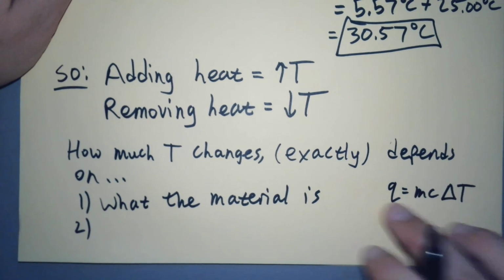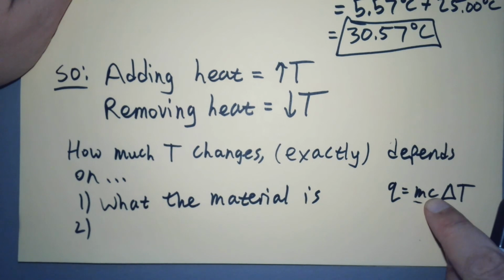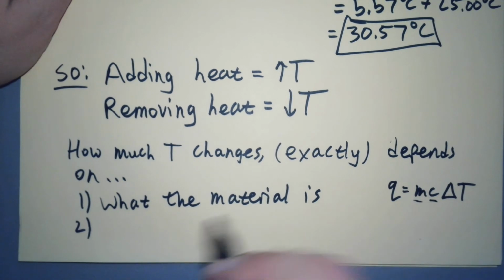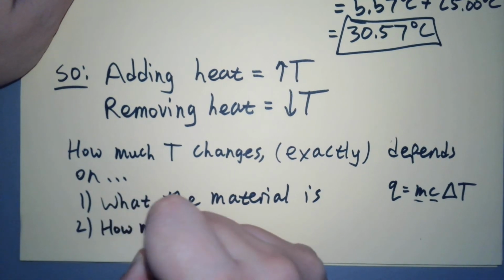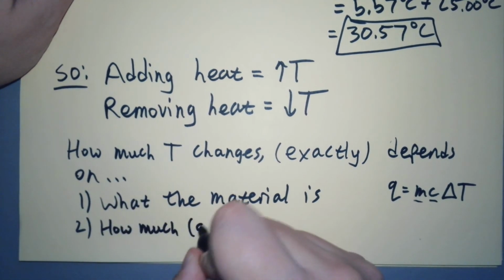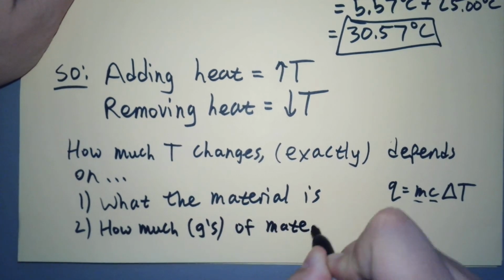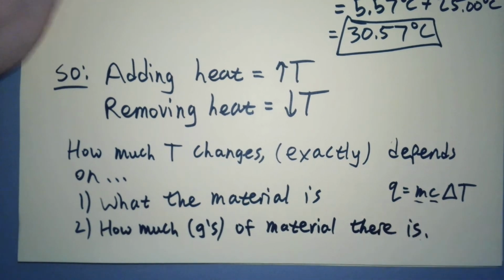The relationship between heat and temperature depends on what the substance is. It's going to decide C, and how much there is, the mass, as well. So it's going to depend on how many grams of material there is. It's also known as thermal mass. You might have heard that term before.